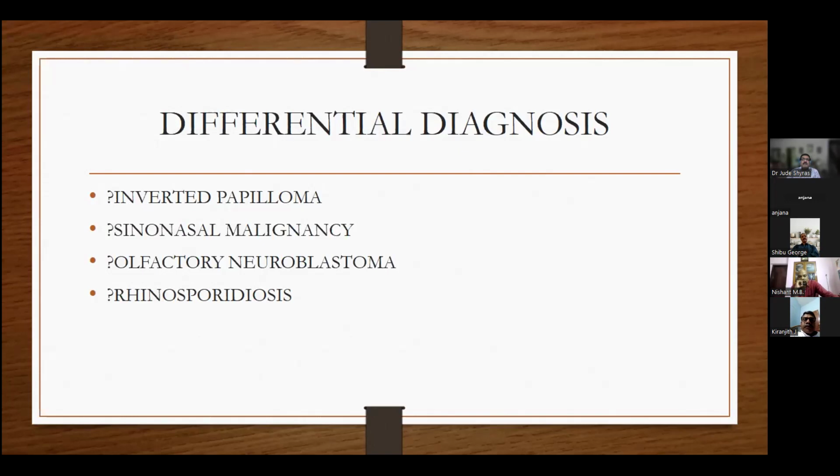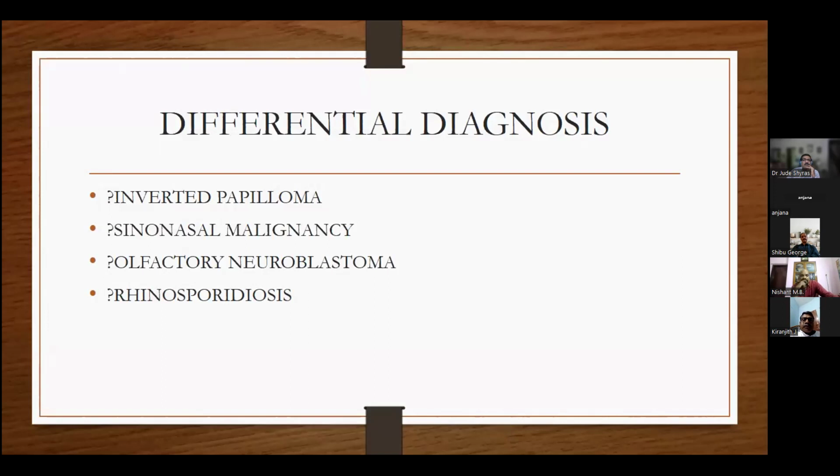So site again in favor of olfactory neuroblastoma. Then what about the long duration? Is it possible? Yes, sir. In olfactory neuroblastoma, long duration is possible. It need not be rapidly progressing. Some cases can exist for a long time before they produce symptoms. So everything is in favor of olfactory neuroblastoma.